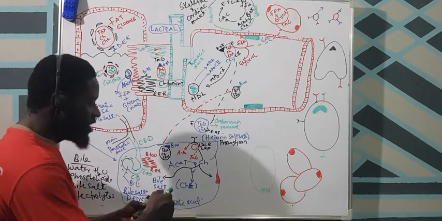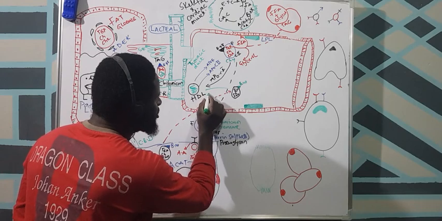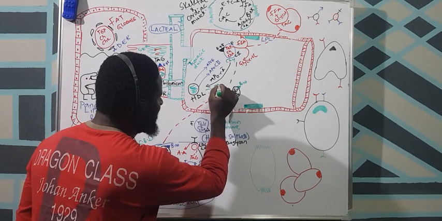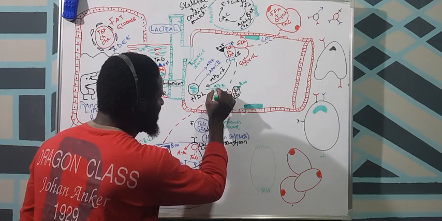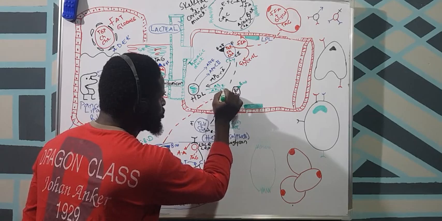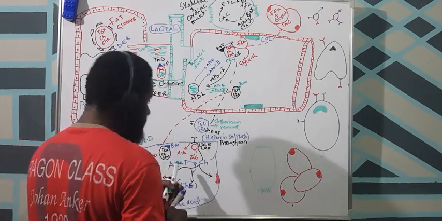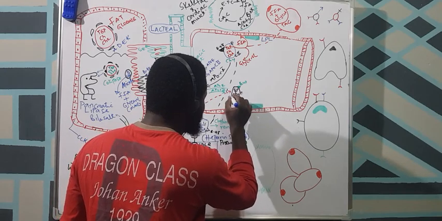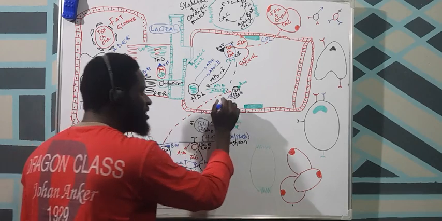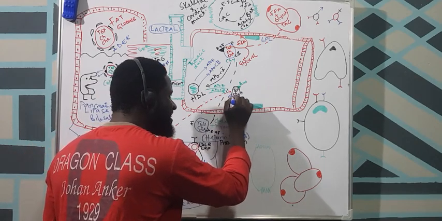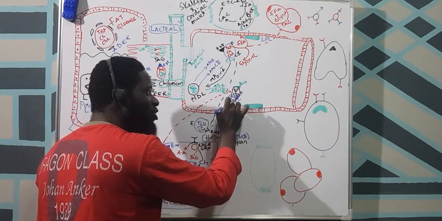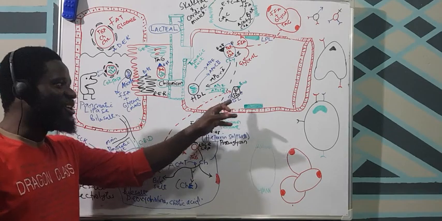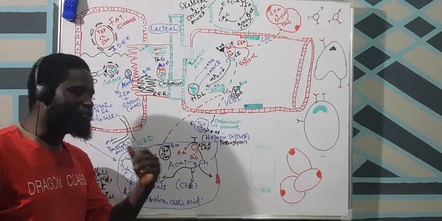HDL is so loving. It gives it two distinctive proteins. The first one is ApoE, while the second one is ApoC2. This molecule is called VLDL, very low density lipoprotein.